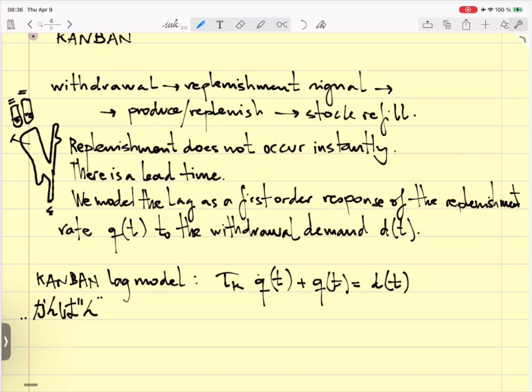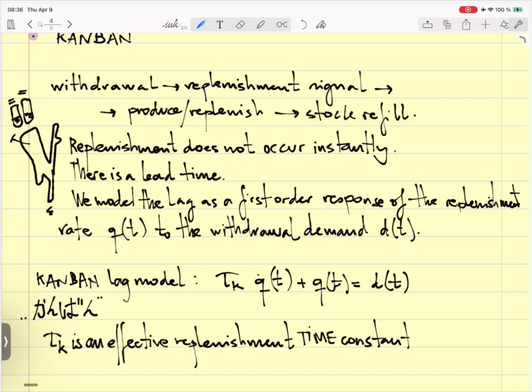Tau sub k is an effective replenishment time constant.